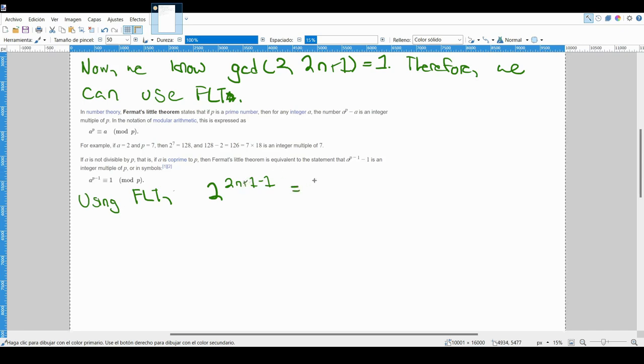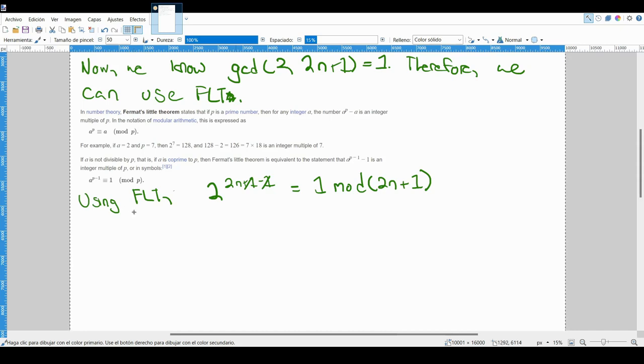We know that this is equal to 1 mod 2^n plus 1. Therefore, we can just remove these, and we know that 2 to the power of 2n is congruent to 1 mod 2^n plus 1.